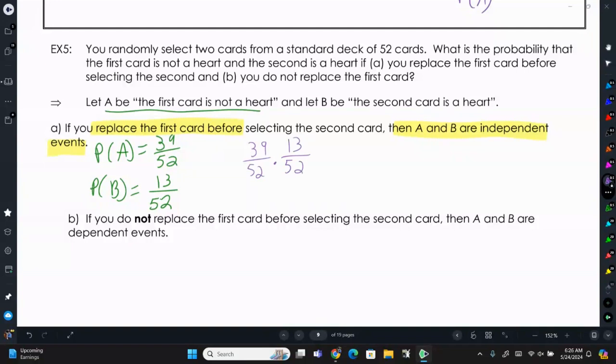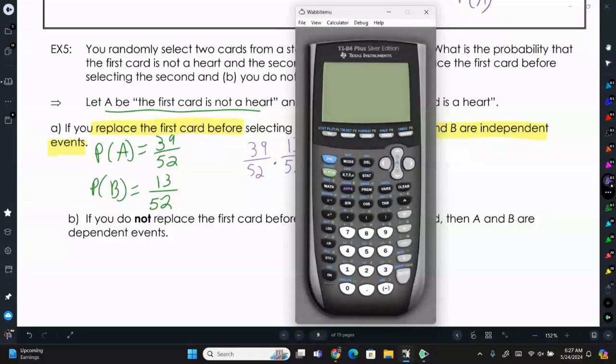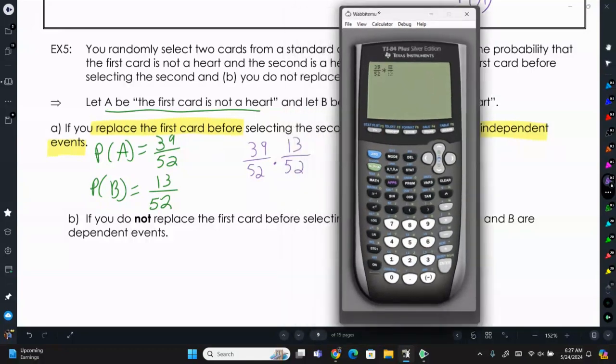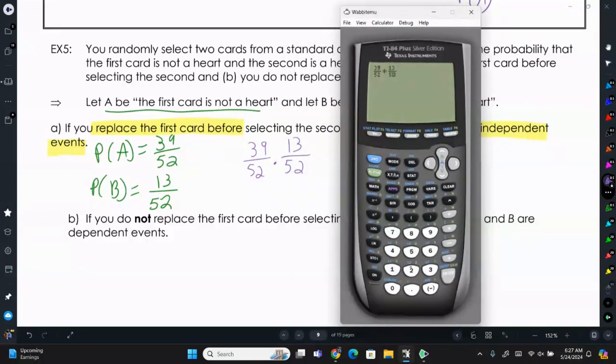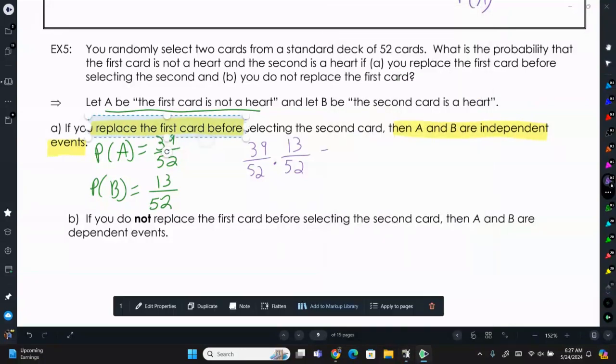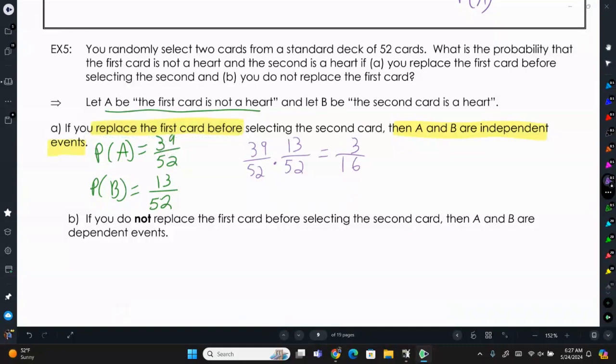So if we type that into our calculator, and I'm going to use fractions here, 39 over 52 times 13 over 52, and we get 3 over 16. So we have a 3 over 16 chance of selecting a non-heart and then a heart.